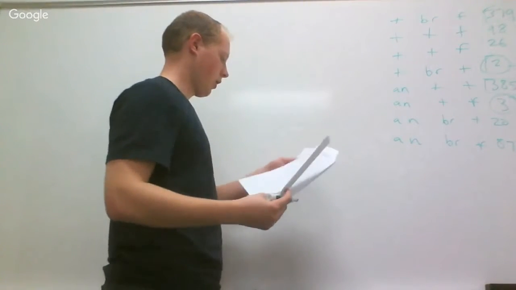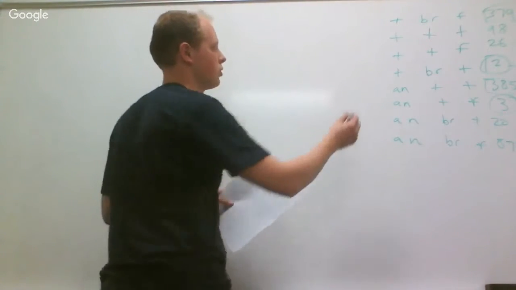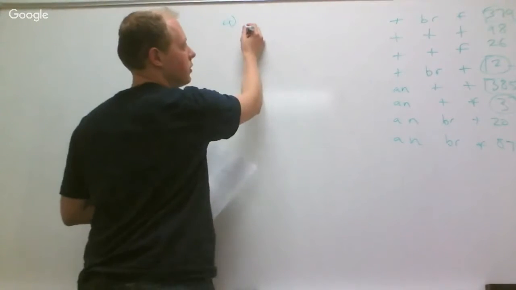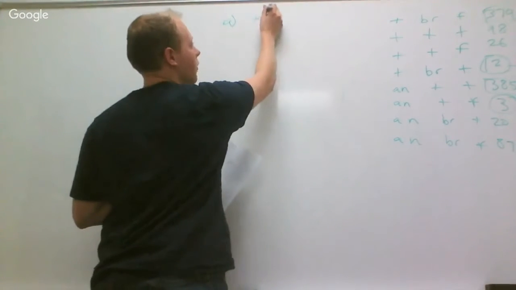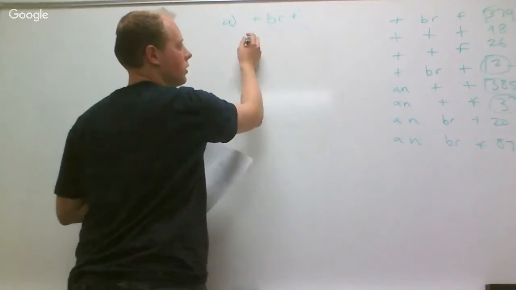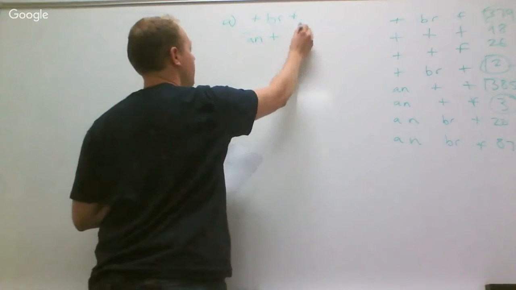So to solve part A, determine the gene arrangement for these linked genes. We'll just look at the parental ones here. So our arrangement will be wild type BRF over the AN wild type.